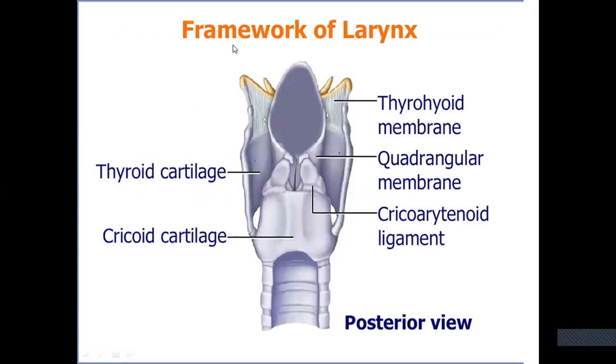Let us discuss the framework of the larynx. The larynx consists of cartilages. The cartilages have been categorized into two: unpaired cartilages and paired cartilages. There are three unpaired cartilages of the larynx.